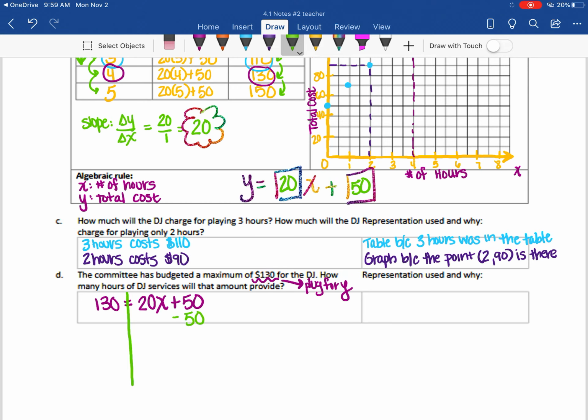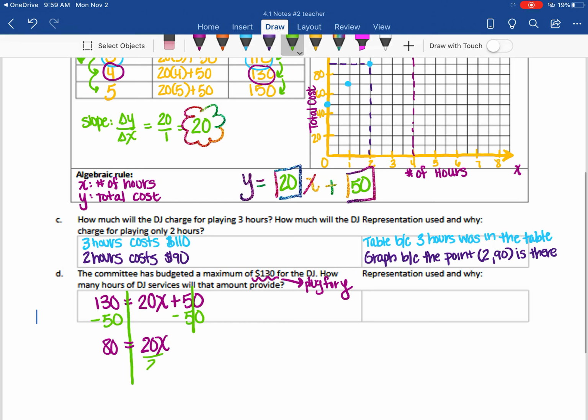So I'm going to start by subtracting 50 from both sides. And that's going to give me 80 = 20x. And then I'm going to get rid of this 20 by dividing both sides by 20. So that tells me that x equals 4. So we know 4 hours is the answer.